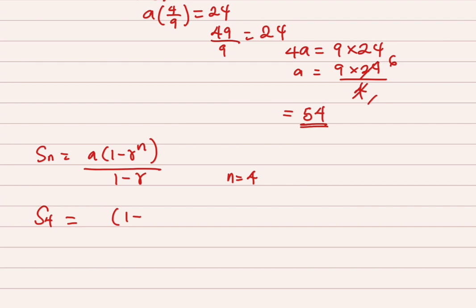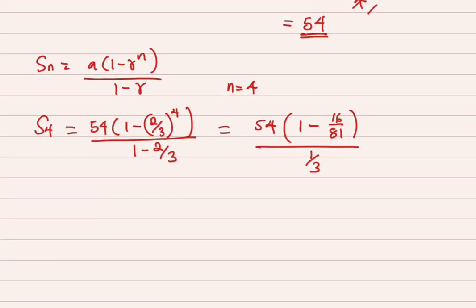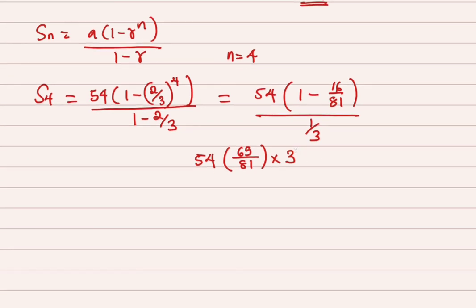Let me substitute it straight. We have 54 times (1 minus (2/3)⁴) all over 1 minus 2/3. This is 54 times (1 minus 16/81) all over 1/3. So we have 54 times 65/81, then times 3. 3 goes into 81 twenty-seven times, and 27 goes into 54 two times.